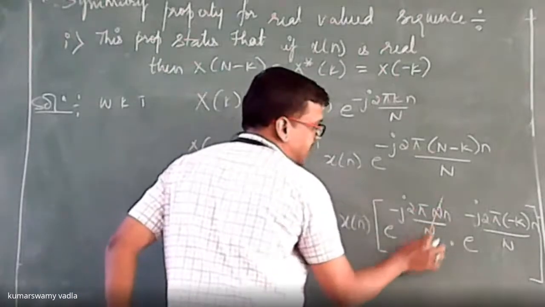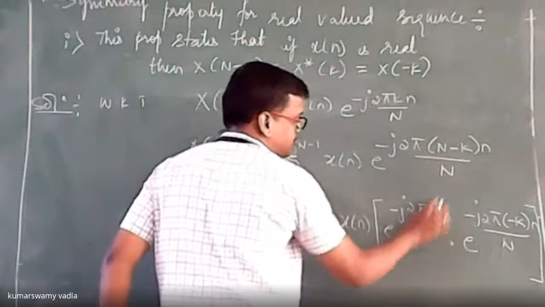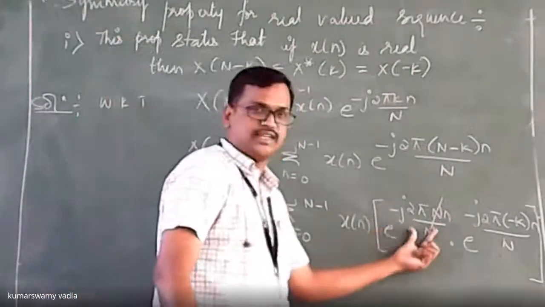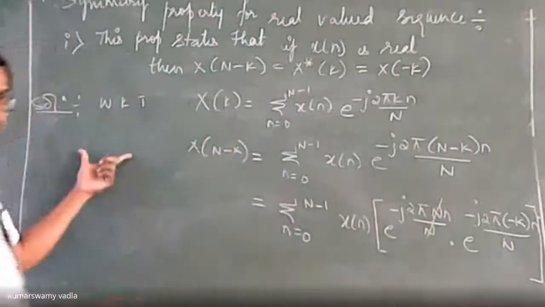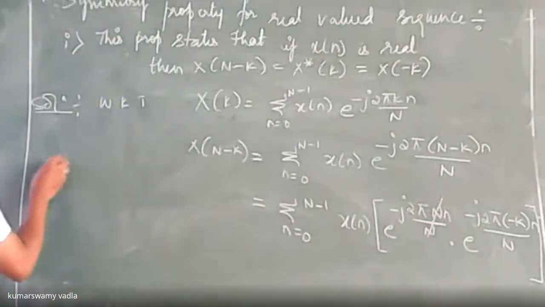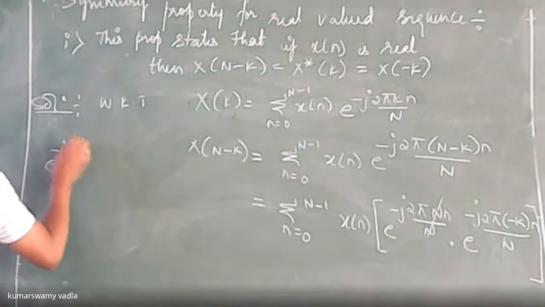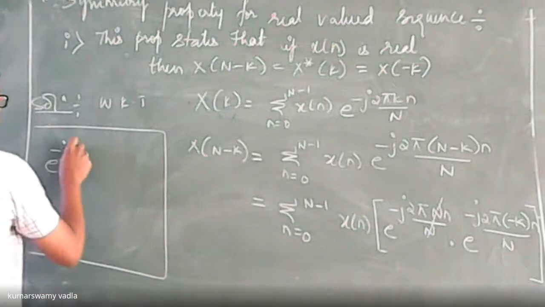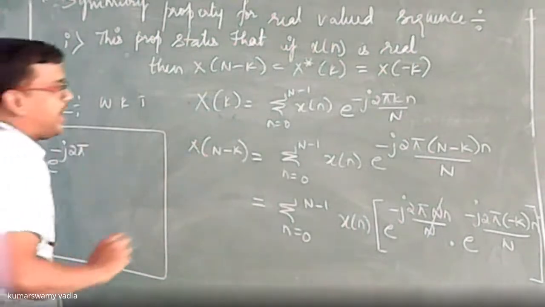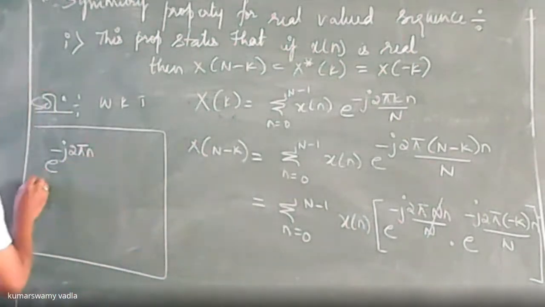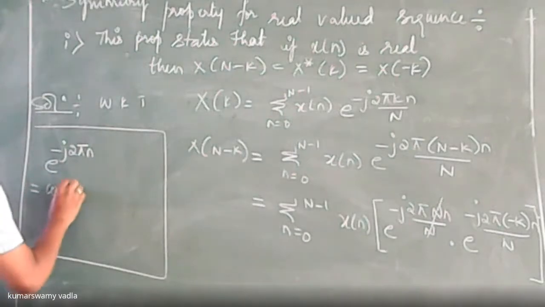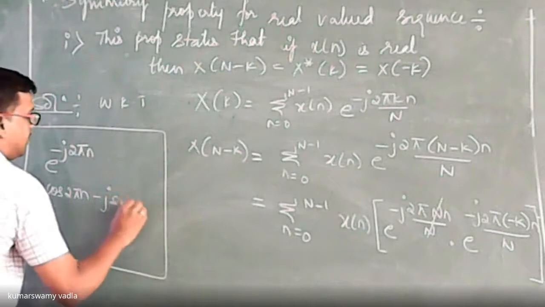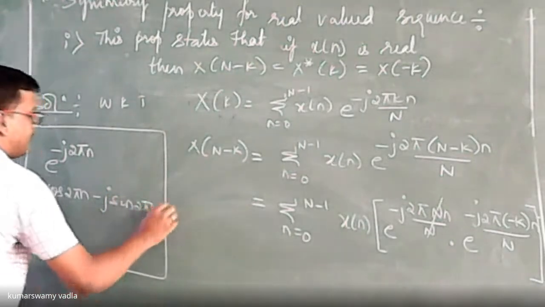The numerator and denominator of capital N both get cancelled. If this gets cancelled, I have space here, so I'll write it here. The left out part is e power minus j 2 pi small n. This is nothing but cos 2 pi n minus j sin 2 pi n.